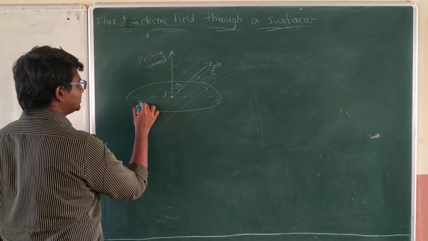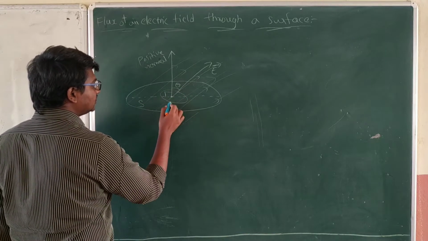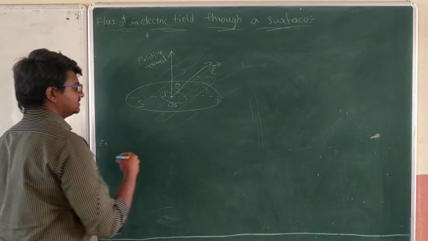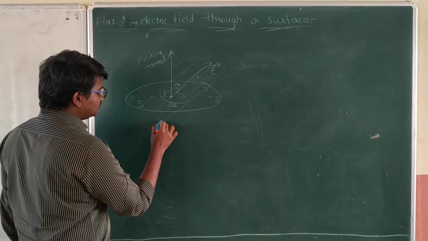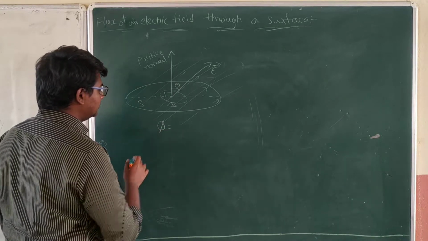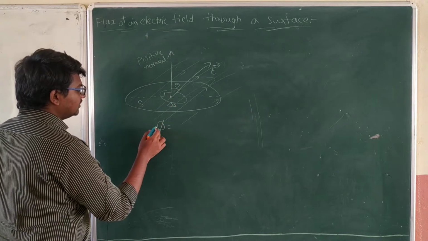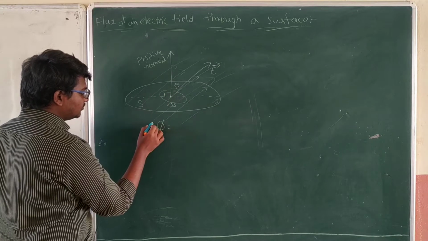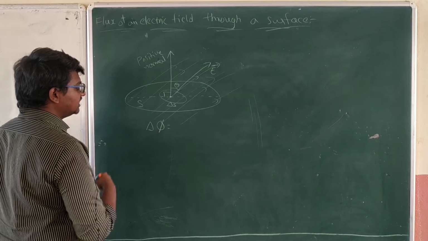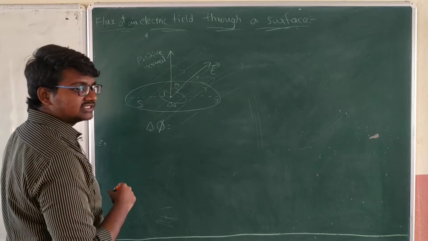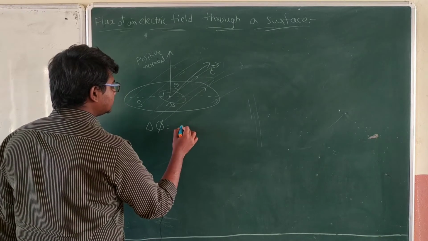You can consider this surface as S, and any small region in it will be considered as delta S. Now flux phi: if you consider a small surface delta S, the number of lines of force going through it, that flux can be represented by the phi symbol, as delta phi.